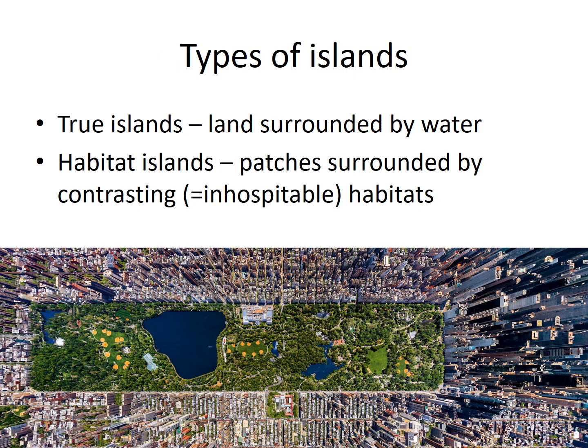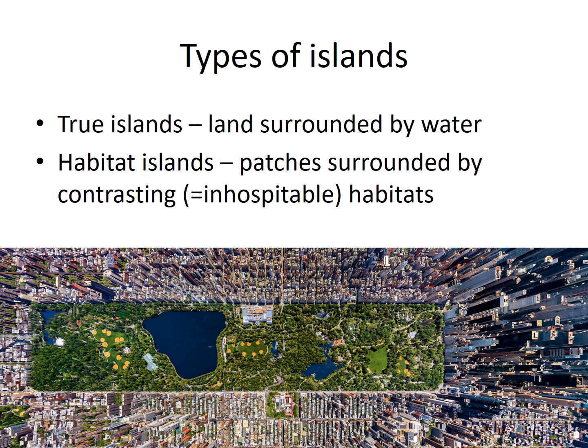Another island is illustrated here at the bottom of this slide. And if you look closely, it'll become clear to you that this is a really interesting aerial shot of Central Park in Manhattan. Okay? So I want you to think about this wooded, grassy, forested patch right in the middle of one of the largest, most dense and congested cities in the world.